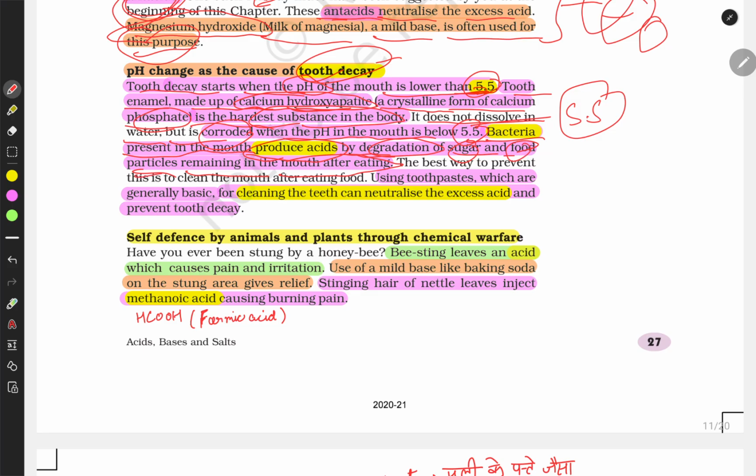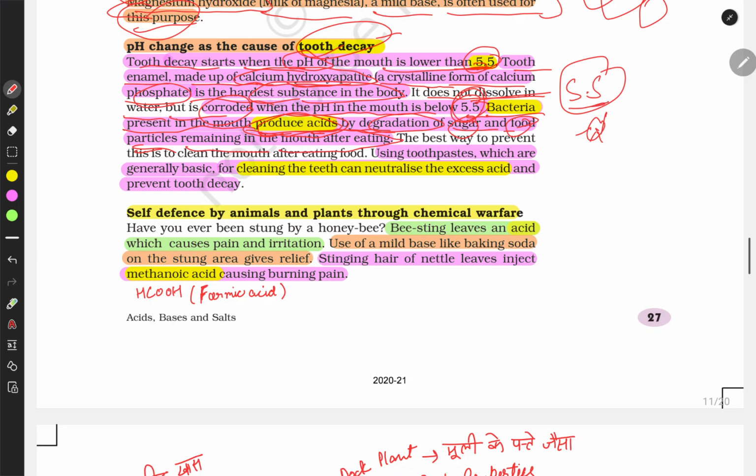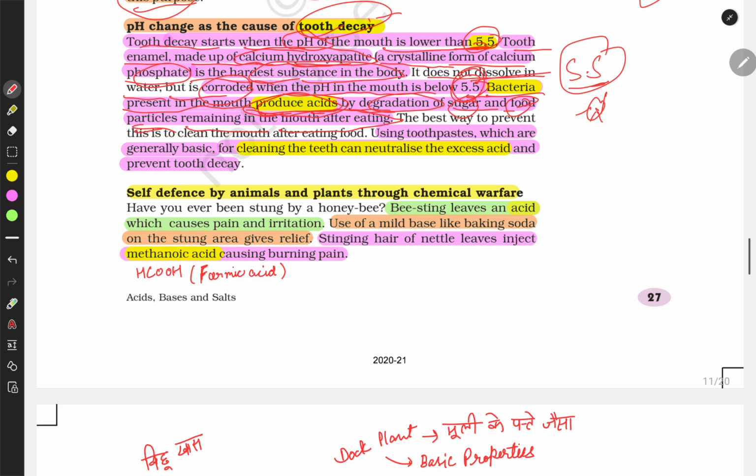And after eating this, the bacteria excrete acidic substances, and these acids are the main cause of reducing the pH of the mouth. And when the pH of the mouth is below 5.5, the enamel of our teeth will decay, which is tooth decay.